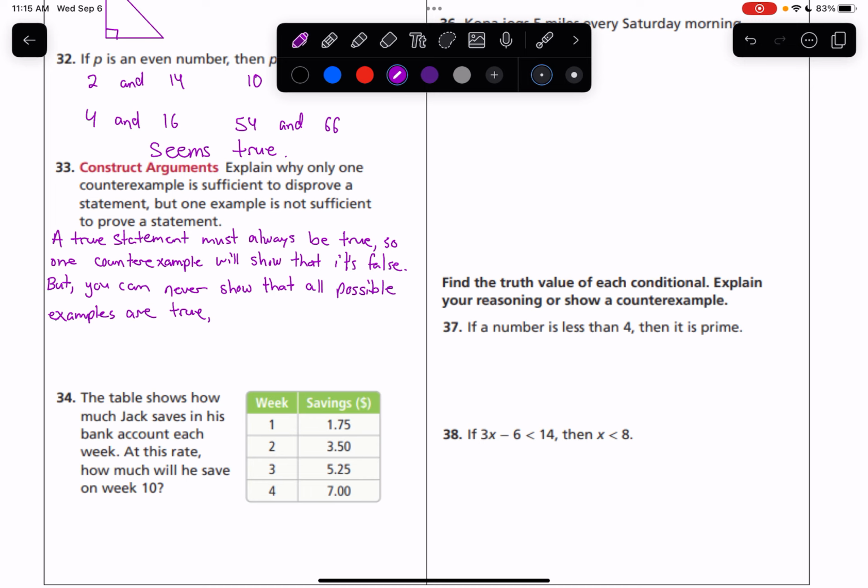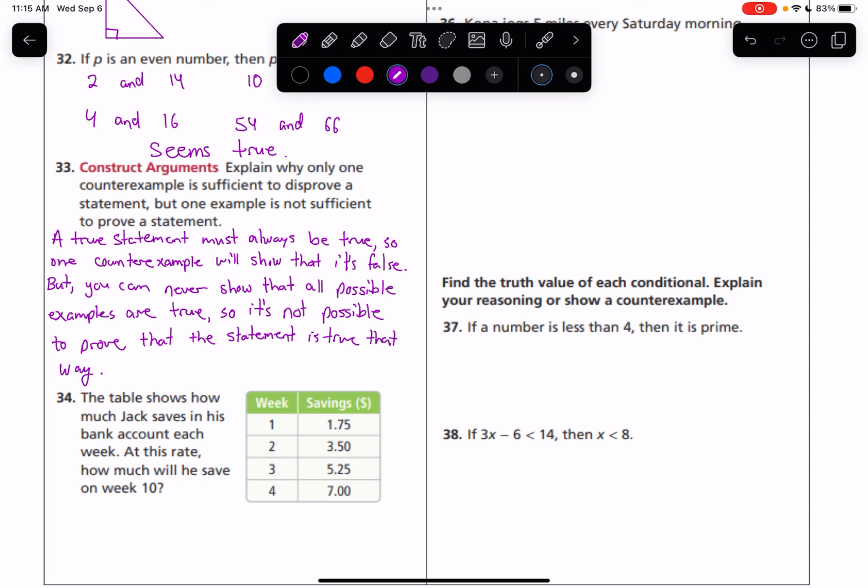So it's not possible to prove that the statement is true that way.